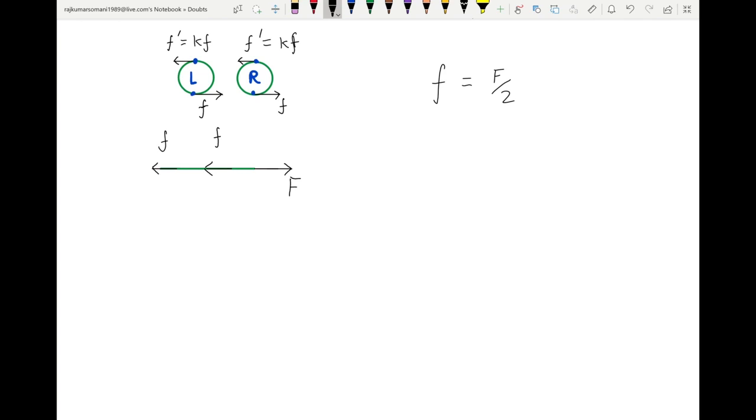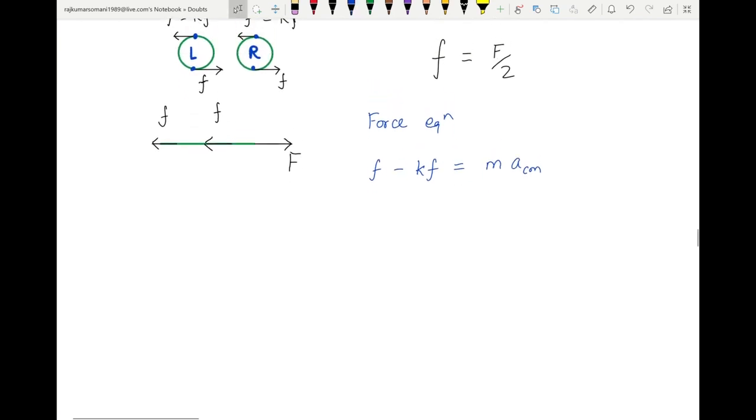Now let's write the force equation for any of these cylinders, and that is going to be f minus kf equals mass into acceleration of center of mass, which we denote by ACM.